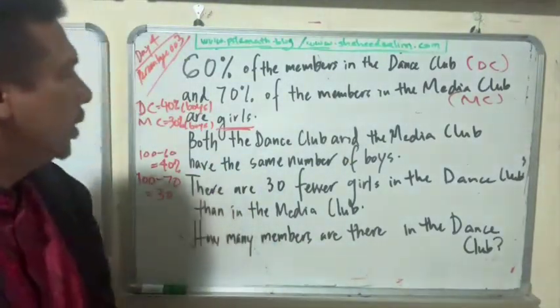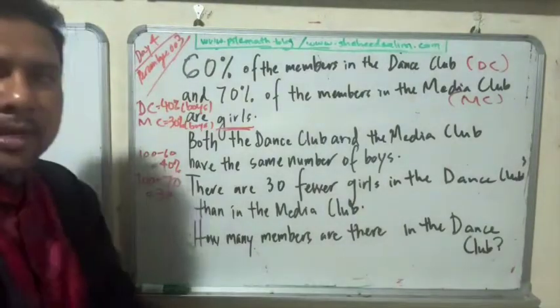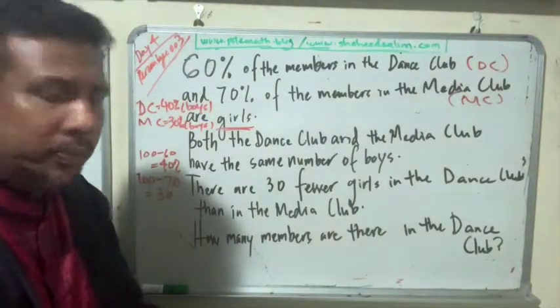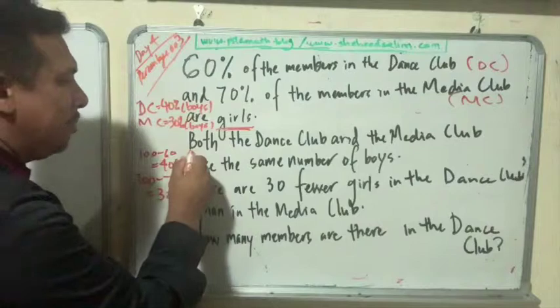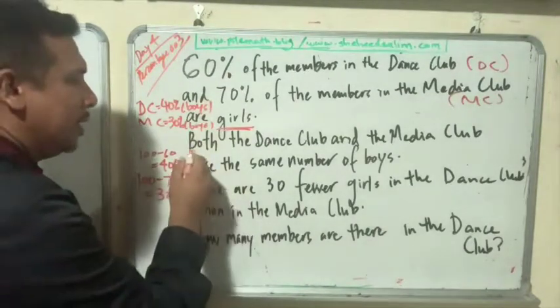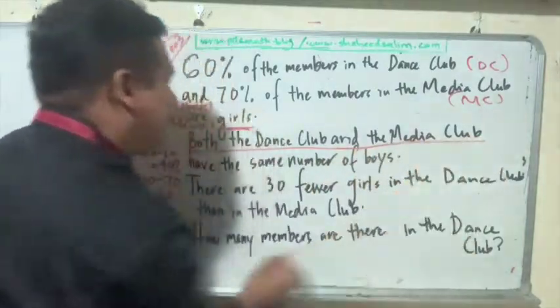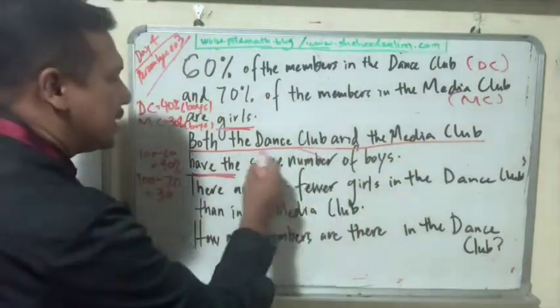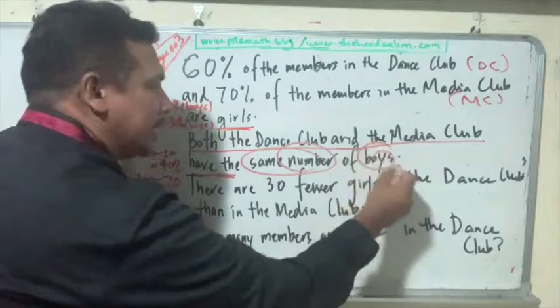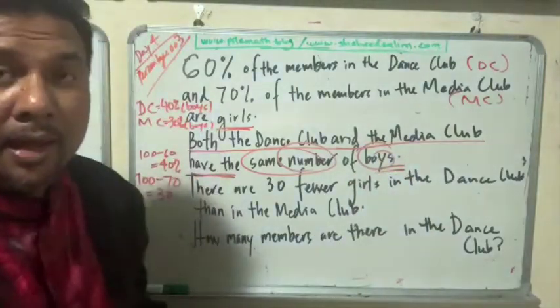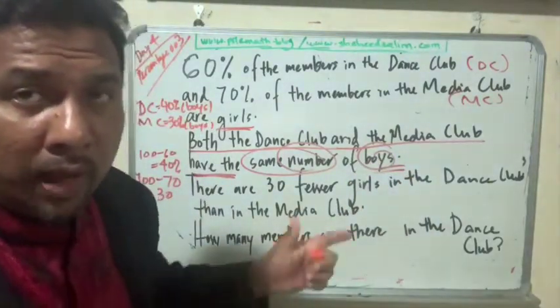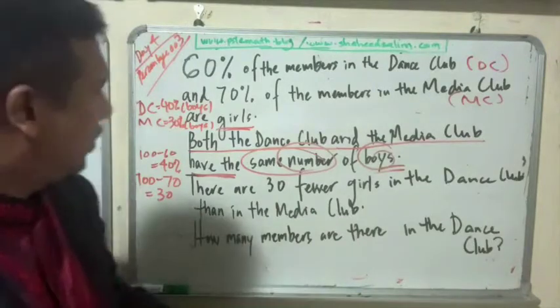Now, the next sentence is so important. Let's read it first. Both the dance club and media club have the same number of boys. The number of boys in both clubs are the same.